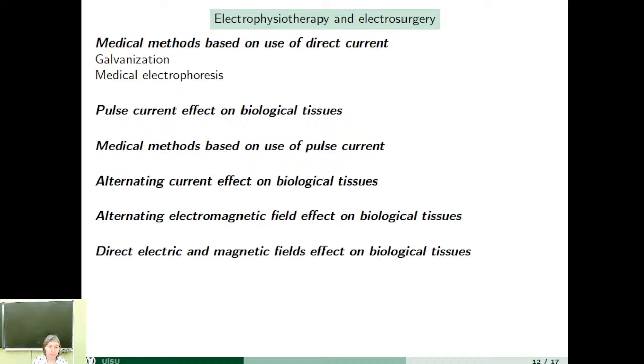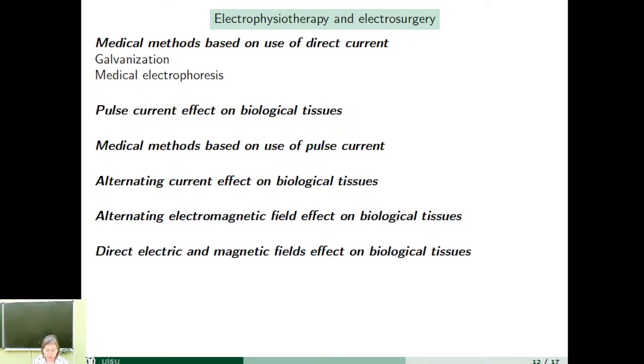Voltage from 60 to 80 volts is used for galvanization. In this method, current density must not exceed 1 ampere per square meter.